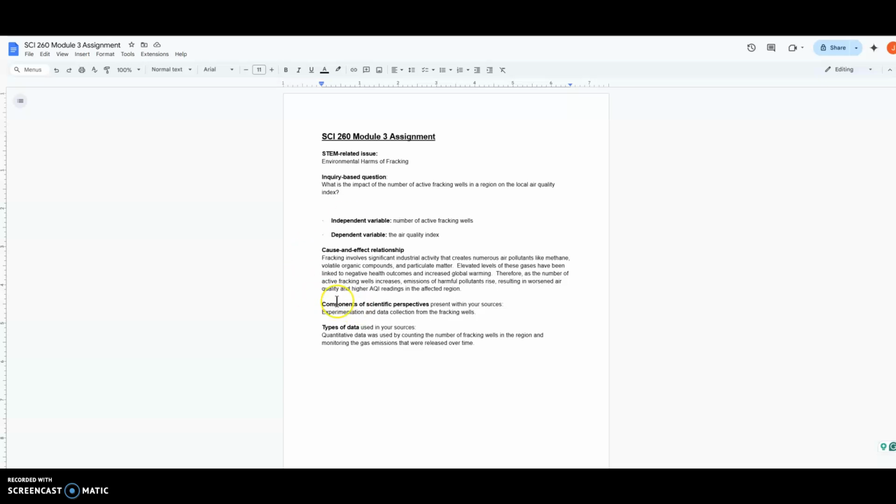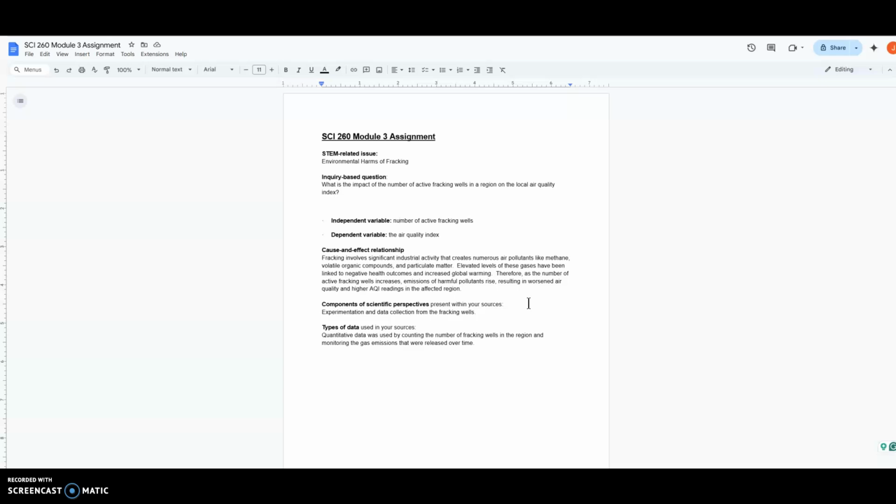The one that confuses students the most is the components of scientific perspectives present within your sources. That is basically just, what did they do? In your source, did they go out and perform an experiment? Are they just making observations? Did they collect any data? Is it more a theoretical idea?